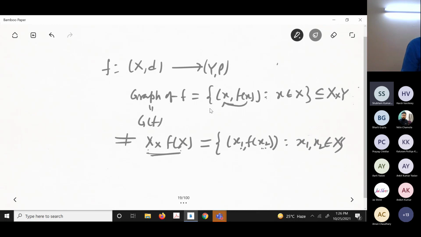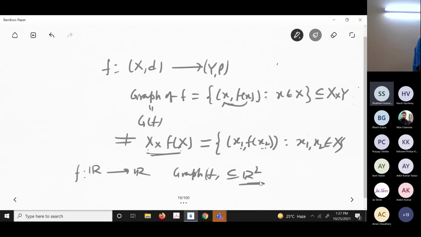Now look, in an R to R function, I went to R square for the graph of F. But there I already had a metric.